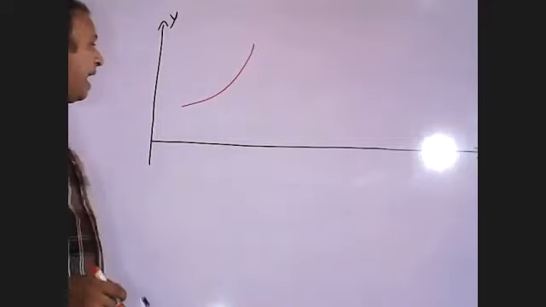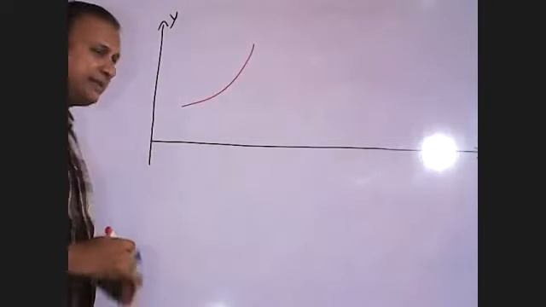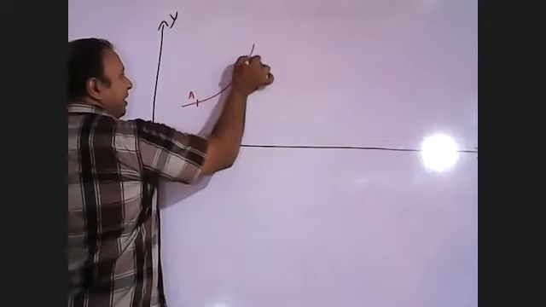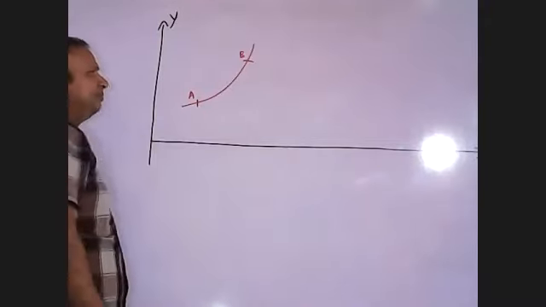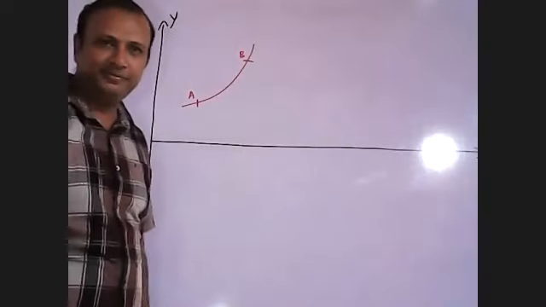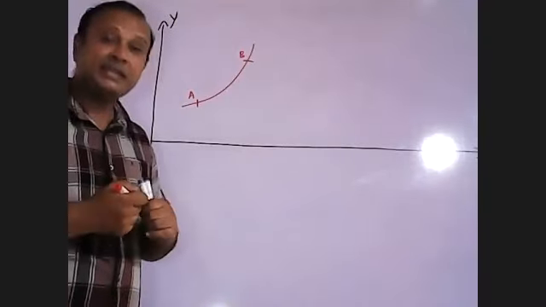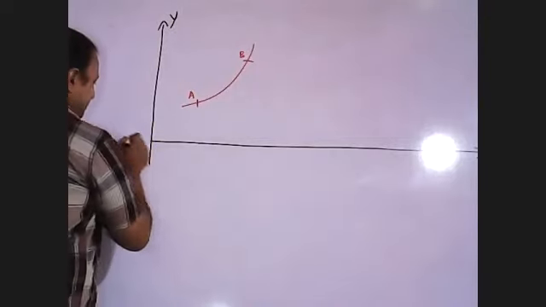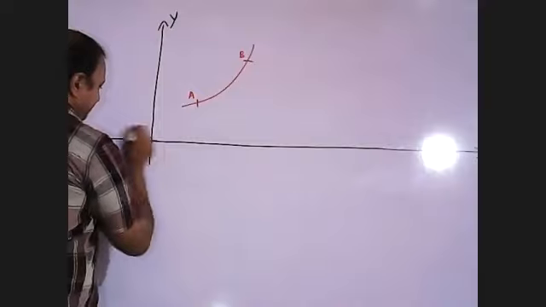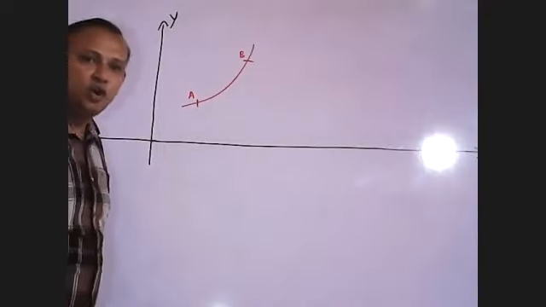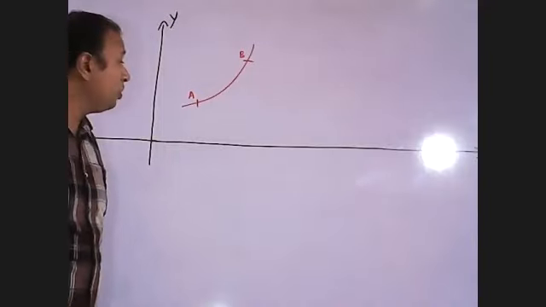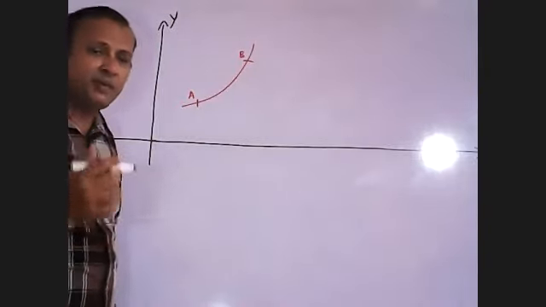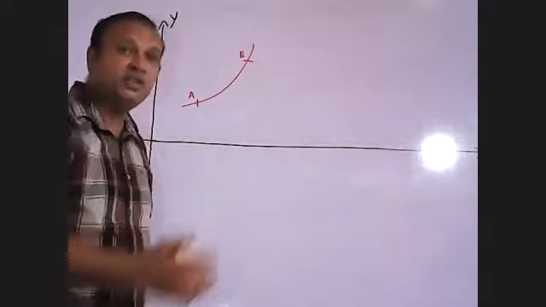So I can take 2 points. This is A and this is B on this graph. Then I can determine the variation of theta according to X. The variation of theta means whether it is increasing or decreasing.